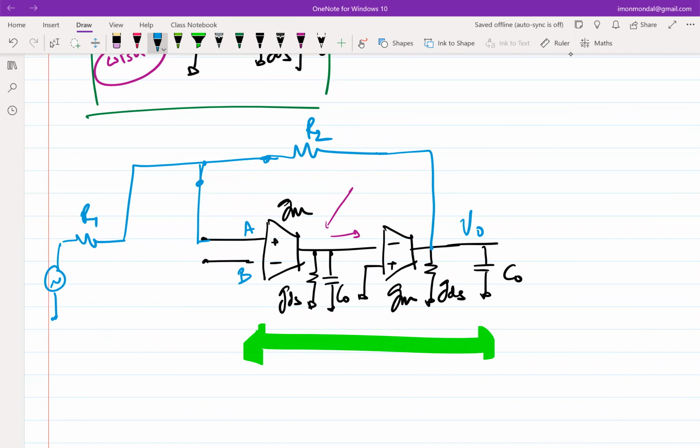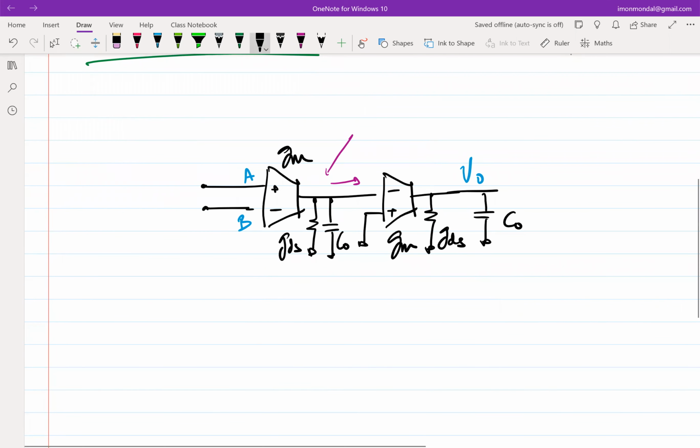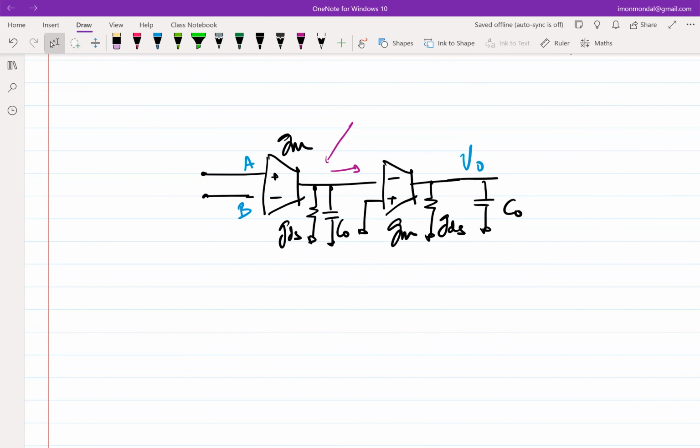Okay, fine. So let me remove this stuff and only concentrate on what we have right now. So if this is the case, and let's assume that you plan to use this as a unity gain buffer, then the relationship between V0 over Vi is your loop gain, right?